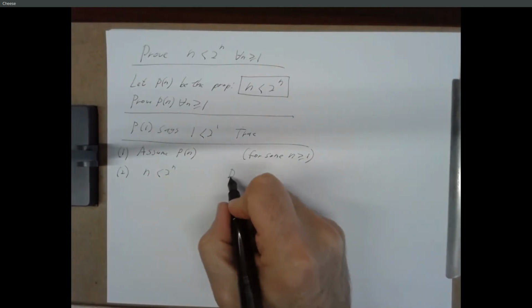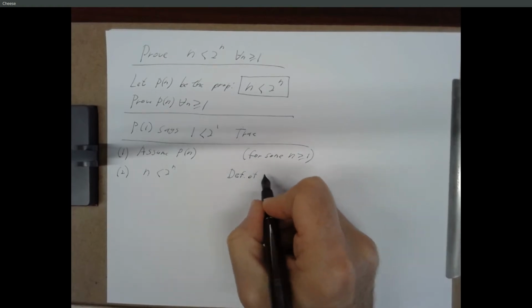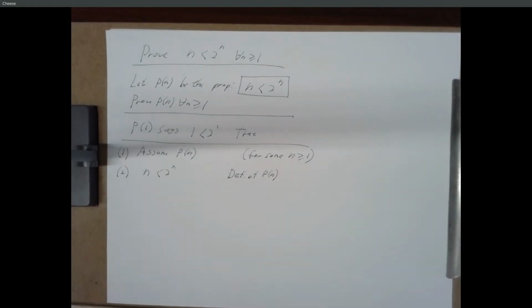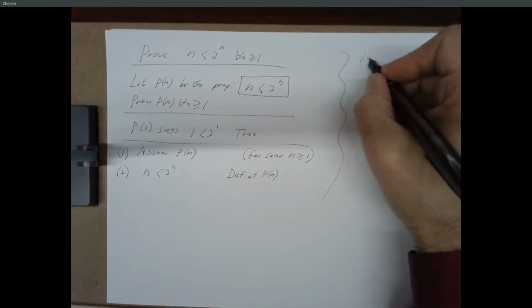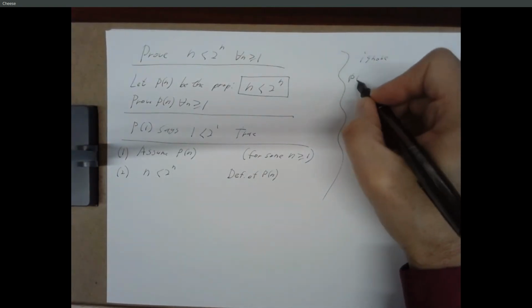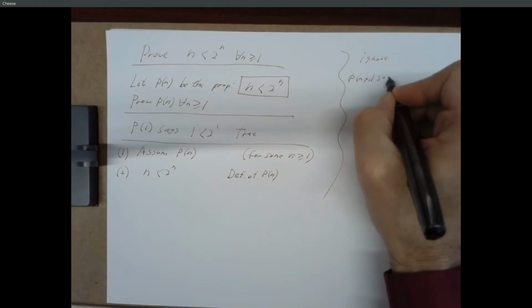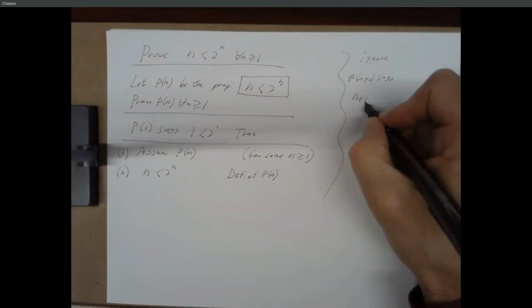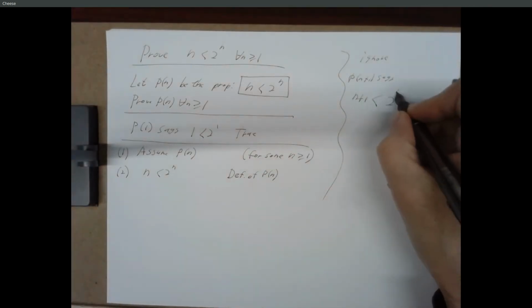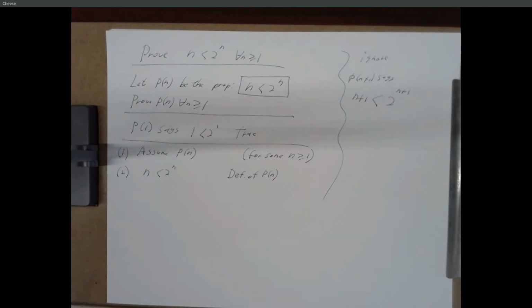That's the definition of P of n. So here's our ignore section. And I'm just going to write down what P of n plus 1 says. P of n plus 1 says n plus 1 is less than 2 to the n plus 1.